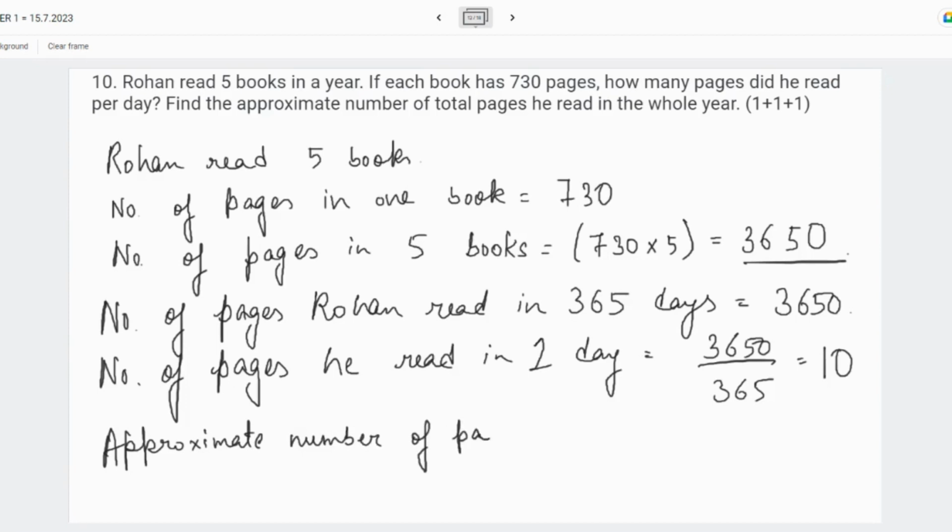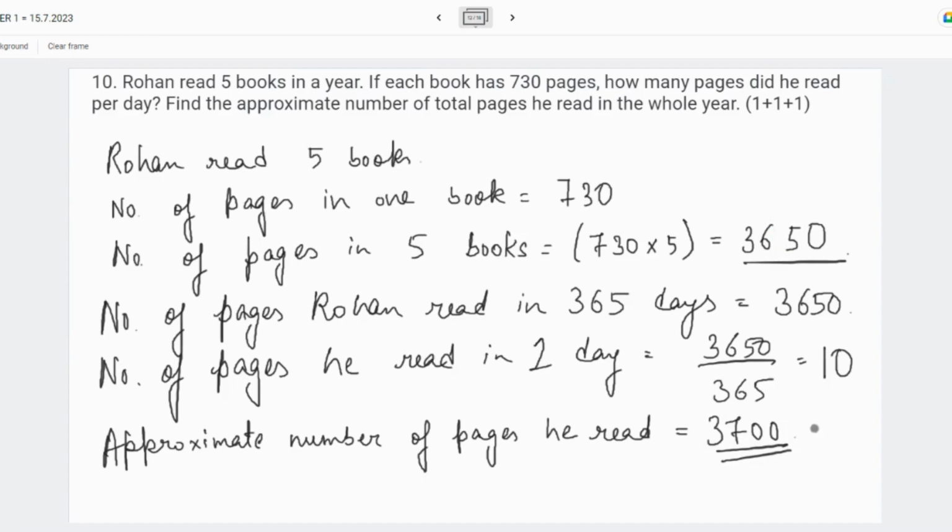3650 is the total number of pages, 365 is the total number of days, and in one day he read 10 pages. Approximate number of pages he read in the whole year. See, it is 3650. We will approximate till the 100th place.